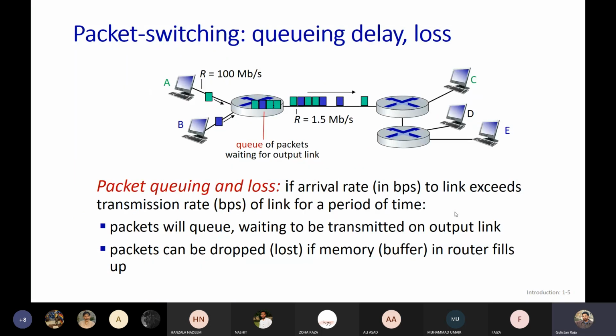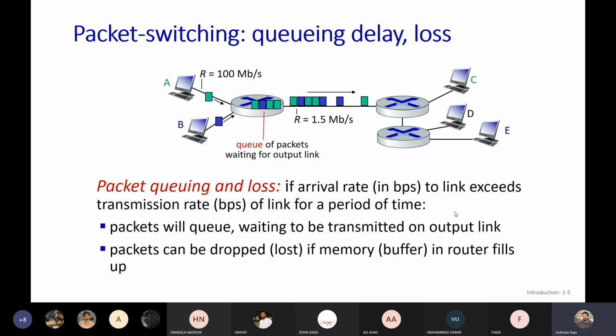Now let's talk a little bit about delays. As you have seen in the last slide, I said that we'll be talking about these delays soon. So let's first have a look at packet queuing, and then we'll talk about delays also.